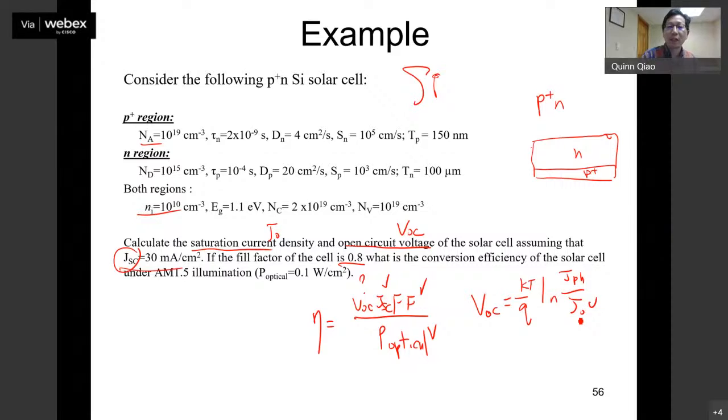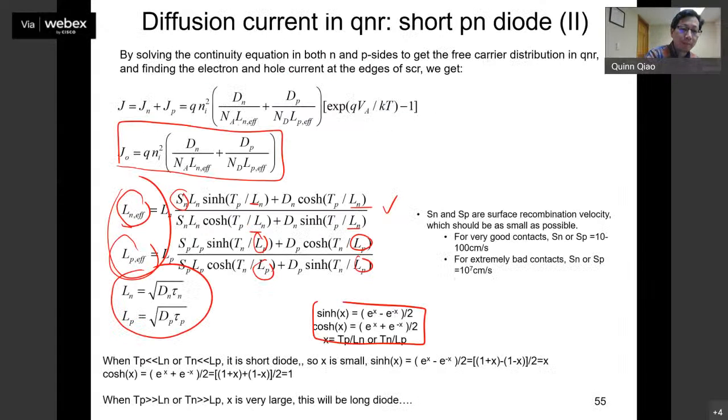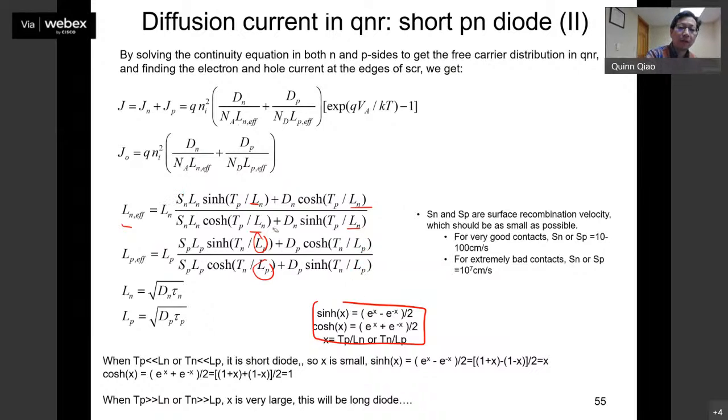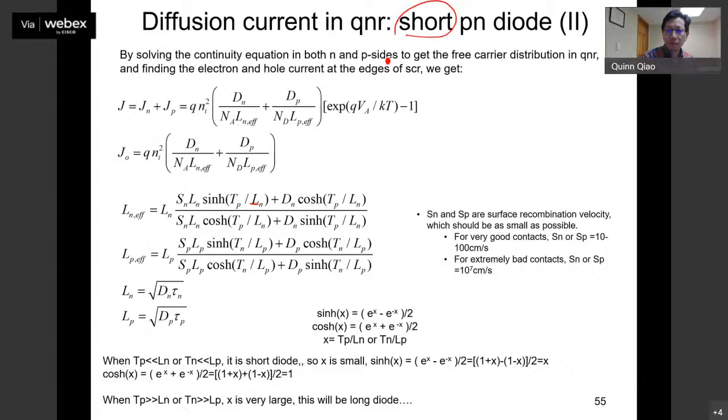What is the equation for J0? We talk about two cases.